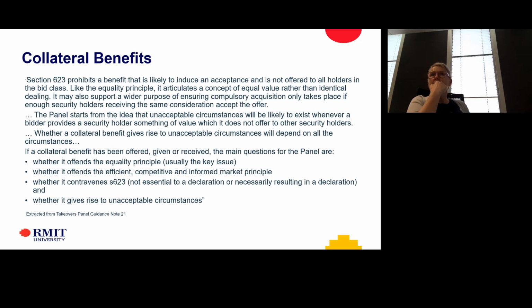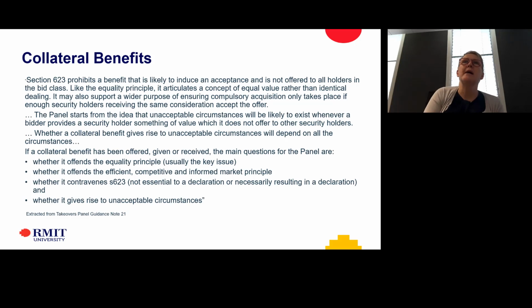Panel starts from the idea that an unacceptable circumstance, so a lot of the unacceptable circumstances cases are really going to, did a bidder offer a collateral benefit of some sort, resulting in an unacceptable circumstance that affects the legality or compliance with 606 and 611.